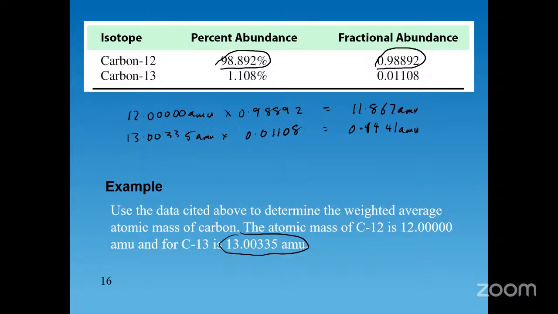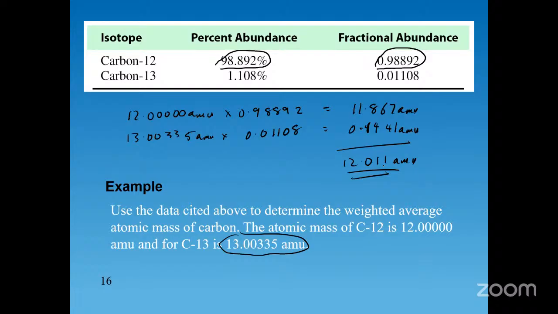So after I've done those two calculations, what I would do is add them up, right? So I'll add 11.867 to 0.1441, and the answer I would get down here is 12.011 AMU, rounded off to 3 decimal places. And that's basically how you get the weighted average atomic mass, right?